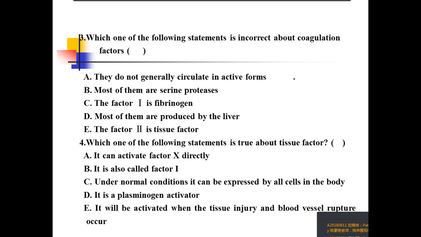Now factor 2 refers to prothrombin. During the coagulation pathway, prothrombin is the most important. Now when the coagulation pathway is activated, prothrombin must increase, thrombin must increase.